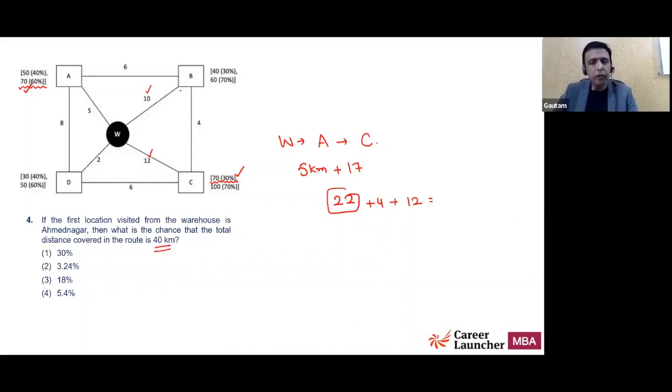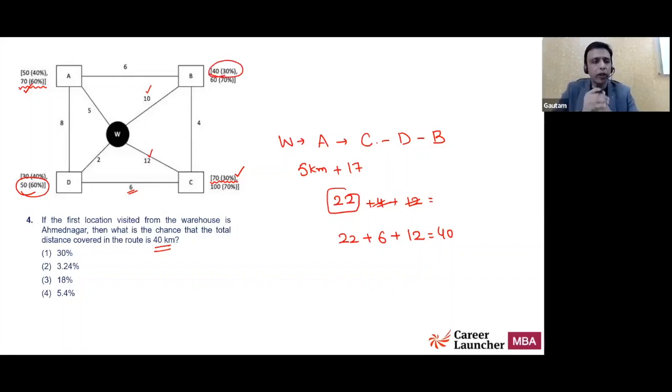Now bache, to cover 40 kilometers we have to look at the other route. If we go from C to D first, that would be 6. And then to B is going to give me 6 plus 12. That would be 40. That means we are very sure that he has to travel to D first and then to B. Perfect.